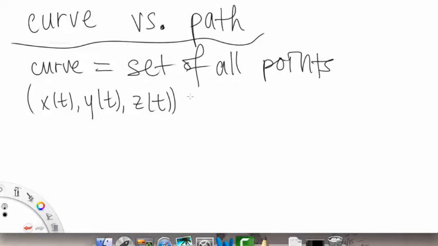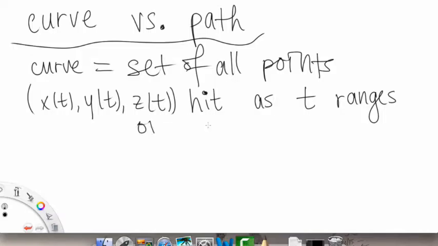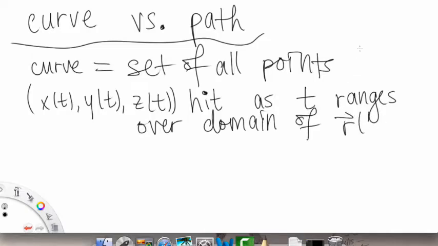All of these points that are hit, or that you can reach or achieve as t, our parameter variable, ranges over the domain of r arrow of t.